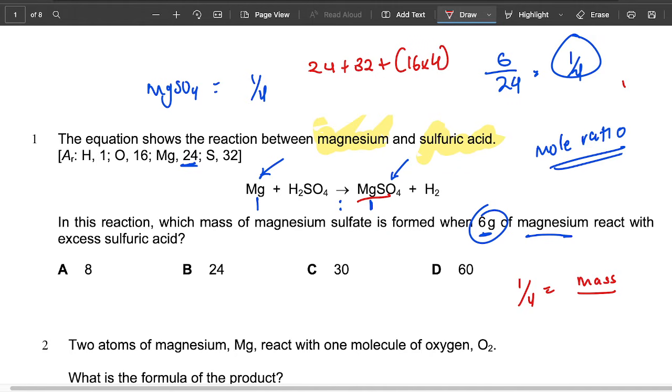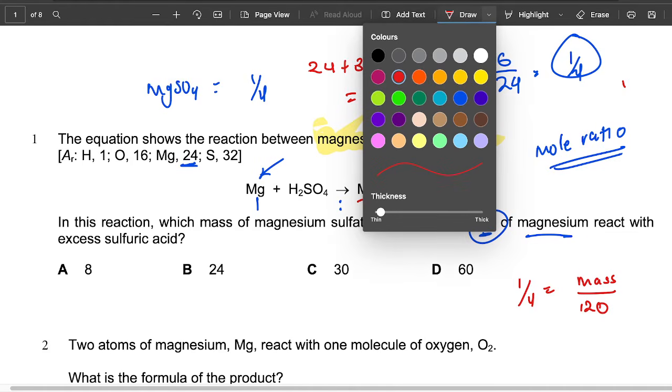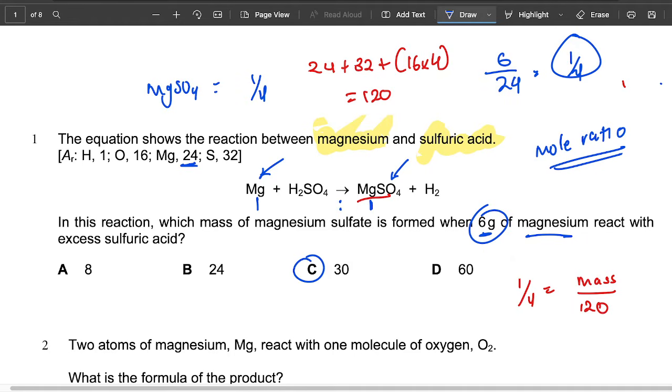If we put that in my calculator, we get 120. Then we cross multiply, so 120 times 1 over 4 is 30. So the answer for the first one is 30. This one is quite easy. These types of questions are very common in many other past papers if you have done a couple of them. So let's move on to the next one.